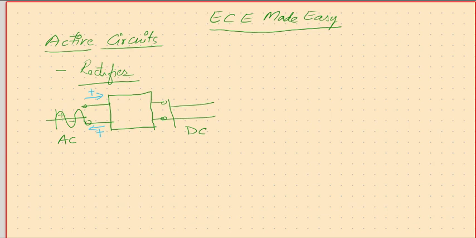But when the cycle is negative, the direction of the current flow is reversed. So during a negative cycle, the current is in this direction, and during a positive cycle, the current is in this direction.